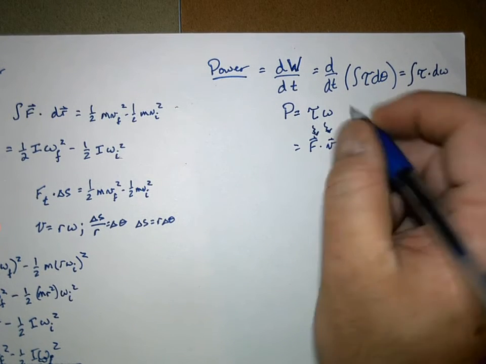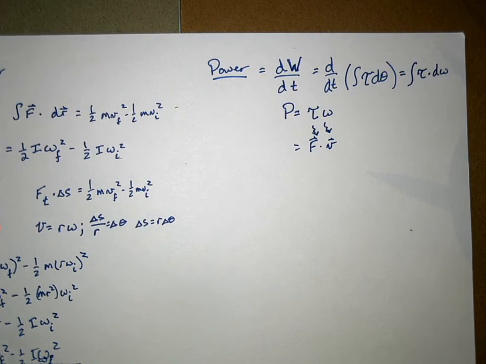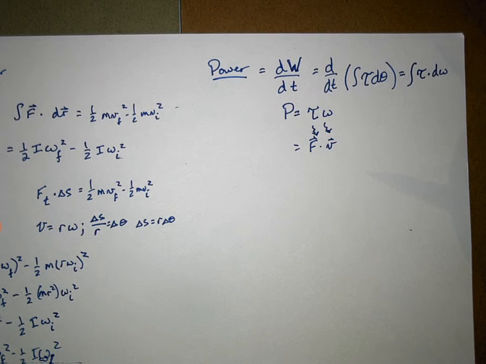Now, I'm leaving the vectors off of this intentionally because our axes are generally fixed. If we're not changing the axis of rotation when we're doing our work or power, then we don't need to throw in the cosine theta, because the force is along the same line, in the direction of the velocity, and that sort of thing.